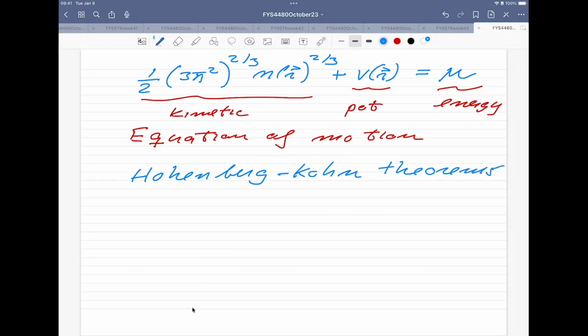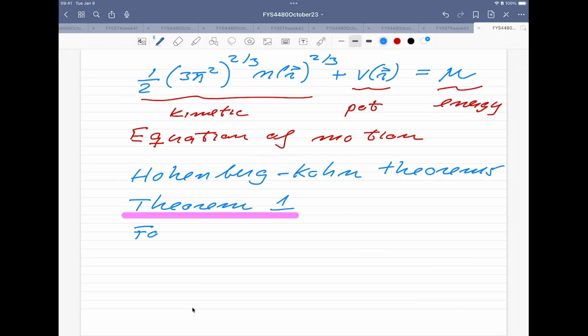Okay, so theorem 1. I'm going to write a lot of text here, if that's okay. Theorem 1 states the following.